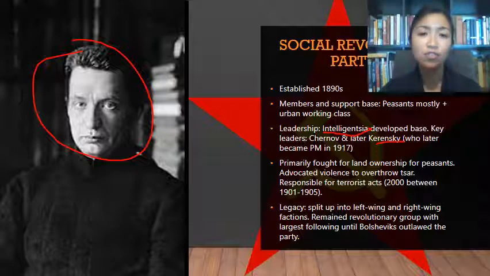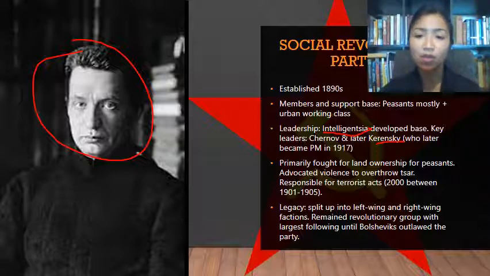They wanted to introduce representative federal and local governments that allowed for universal male suffrage, which is the male vote. Women couldn't vote. Their emphasis really was on the rural communities and granting them independence. Economically, they wanted to socialise all the privately owned land and redistribute it to democratically organised communities.